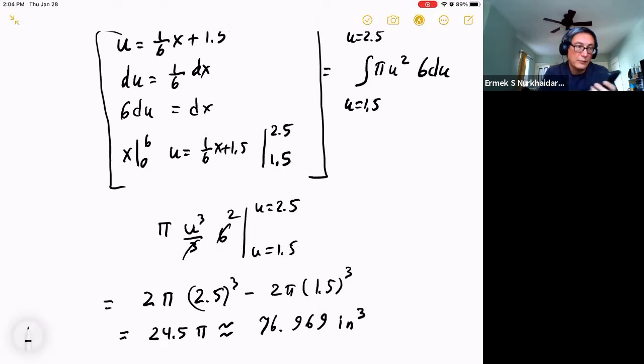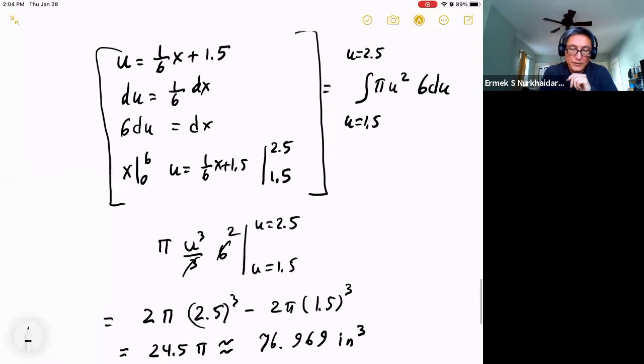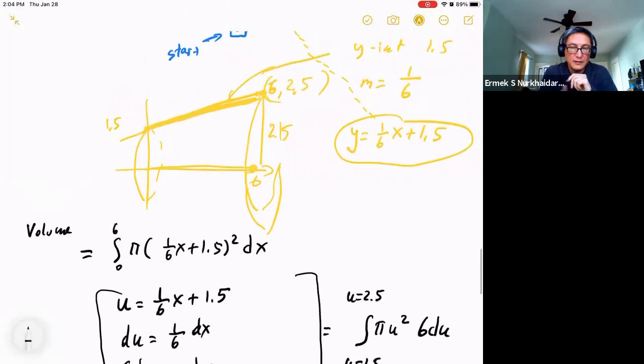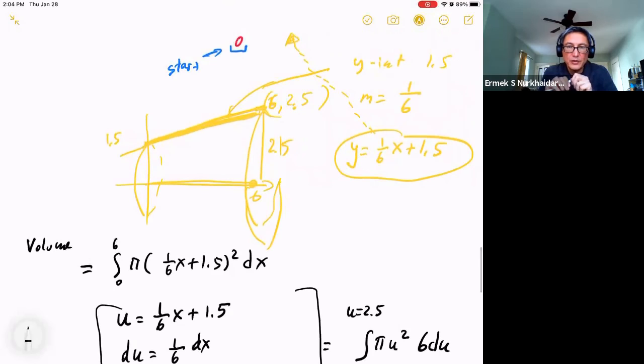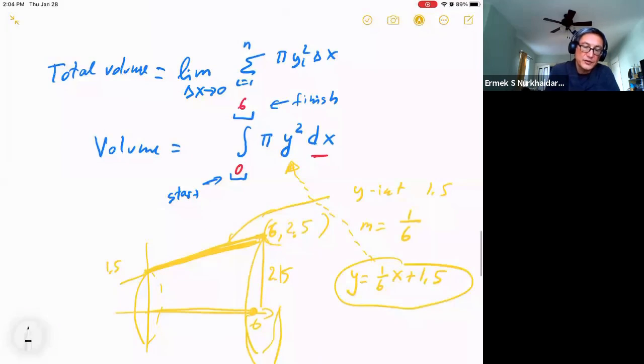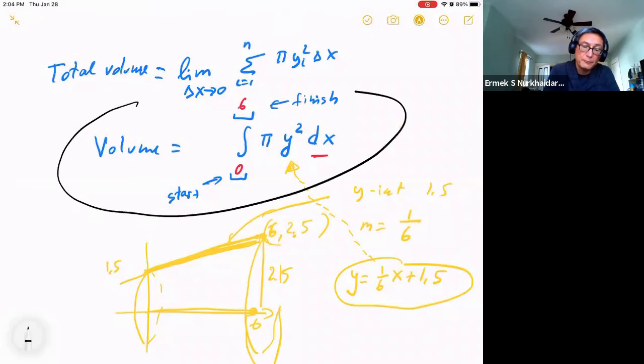So the volume of the cap is approximately 77 inches cubed. So that was the integral. We should be familiar with how to do the calculations. What you may find new is getting that integral.